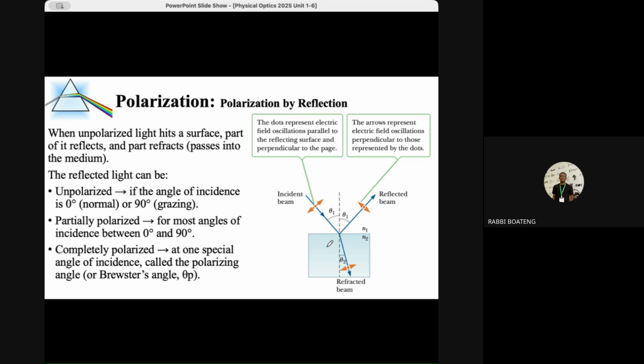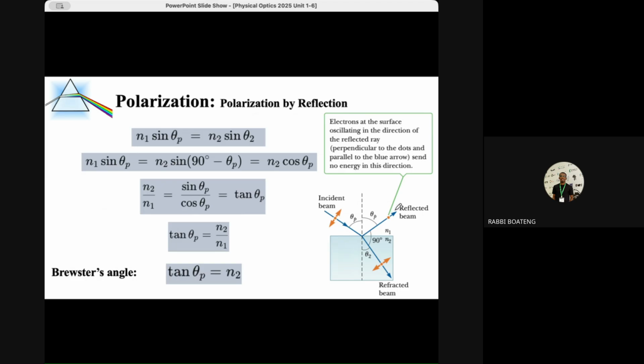Now, for us to get the Brewster angle, the angle between the reflected beam and the refracted beam should be 90. Now forget about the incident beam. If the reflected beam and the refracted beam are at 90, it means that my angle here and my angle here can also be equated to 90.